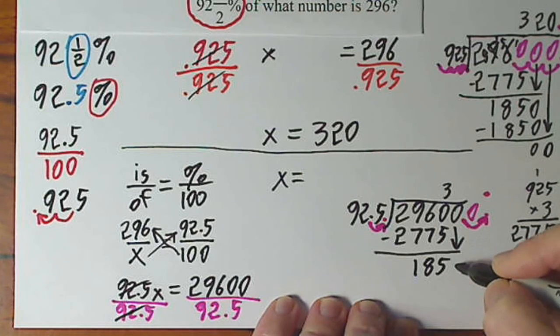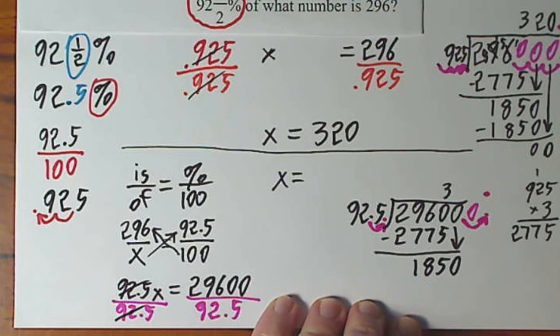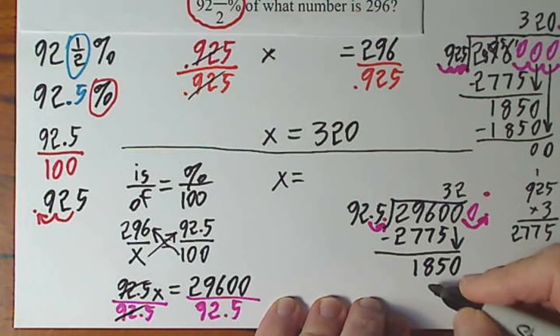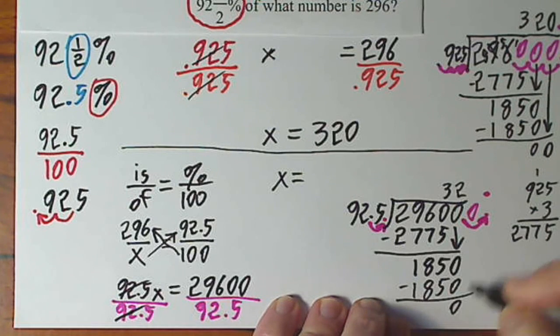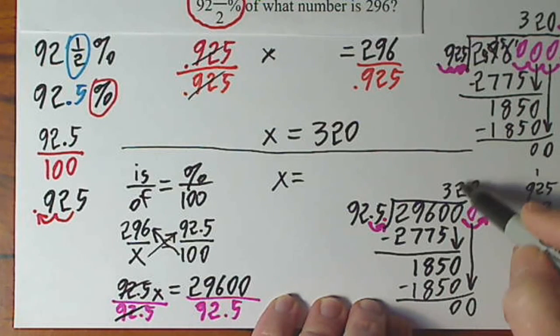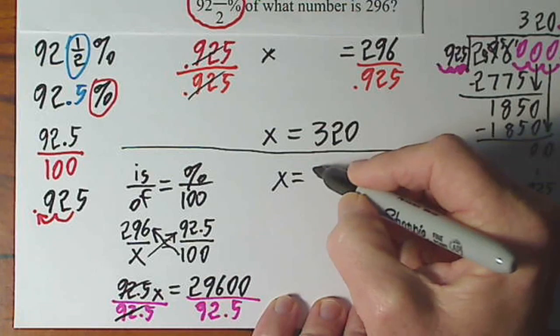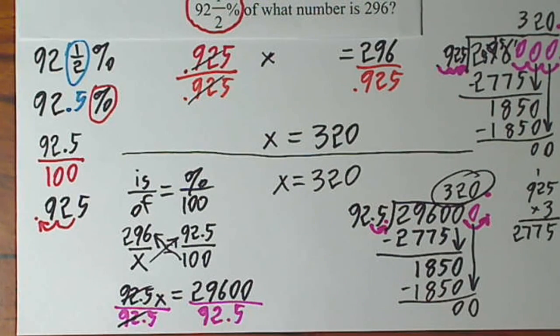We bring down our next digit. 925 goes into 1,850 twice for that exact amount. And you have to use up your last digit. 925 goes into 0 times. So I think you can see either way you get the exact same answer, and it's quite plausible.